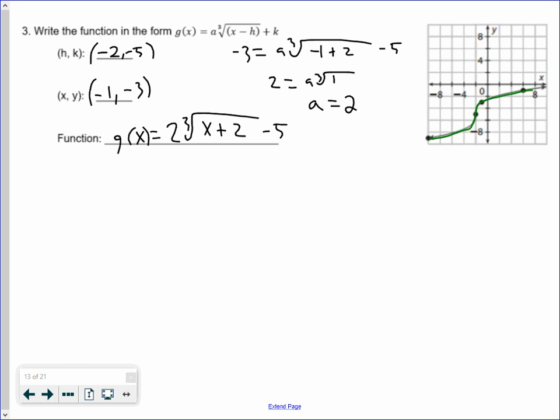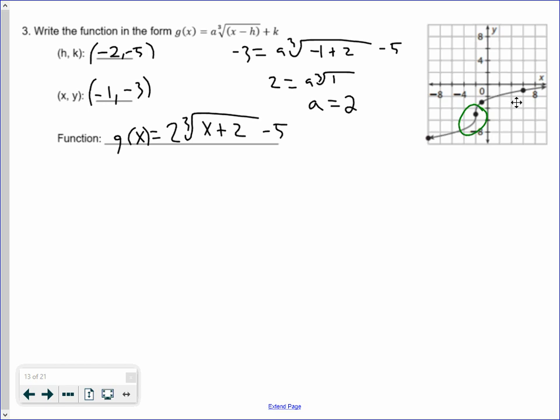That point when we start shooting up, this point right here, that's where we're going to find our hk. When the graph starts to shoot up more vertically, that's where we find our hk value, and the middle point there will be our hk. So we see that when the graph starts to shoot up, our hk point is -2, -5. So that's going to be our hk point.